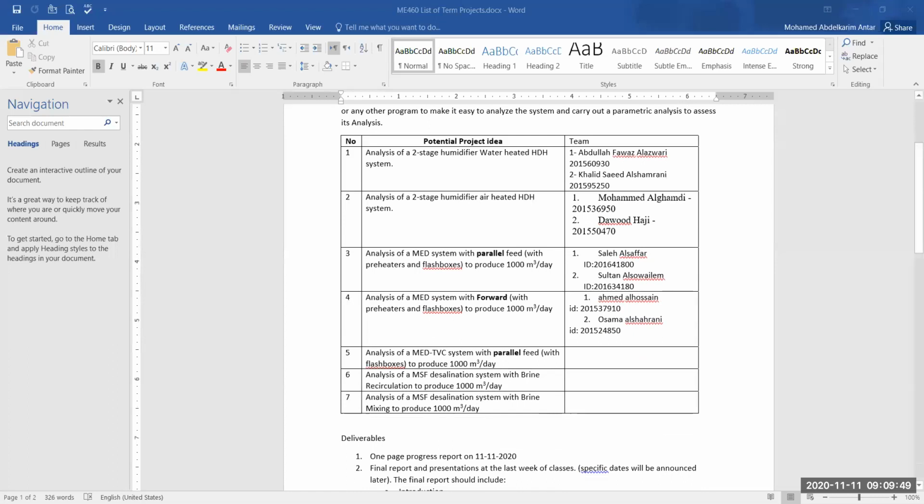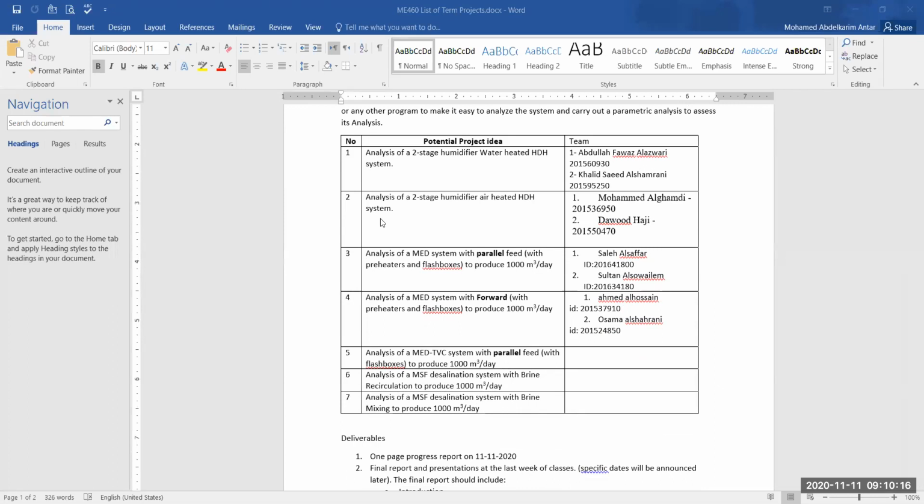Look at this now. We have Abdullah Al-Azwari and Khalid Al-Shamrani. They are considering the analysis of a two-stage humidifier water heated HDH system. Muhammad Al-Ghamdi and Dawood Al-Hajji are considering the analysis of a two-stage humidifier air heated system. Saleh Al-Saffar and Sultan Al-Suwailim are considering an MED system with parallel feed.